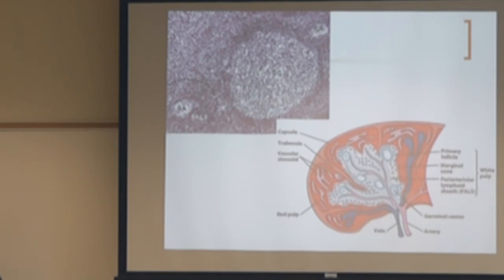Before we go back and look at what they do, the B1 cells are populating the peritoneal cavity and the pleural cavity. They're going to be in direct contact with things that come into your body, pathogens.